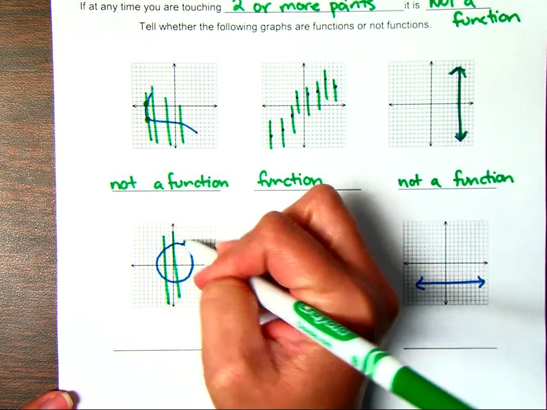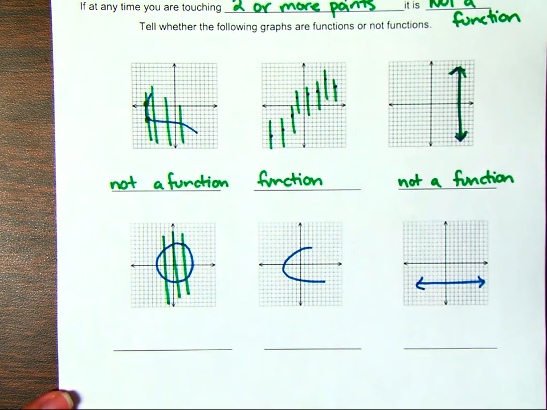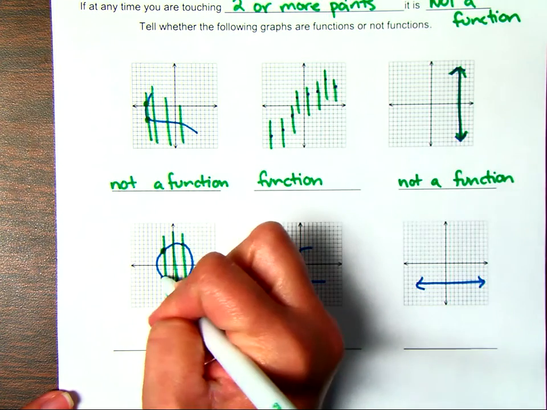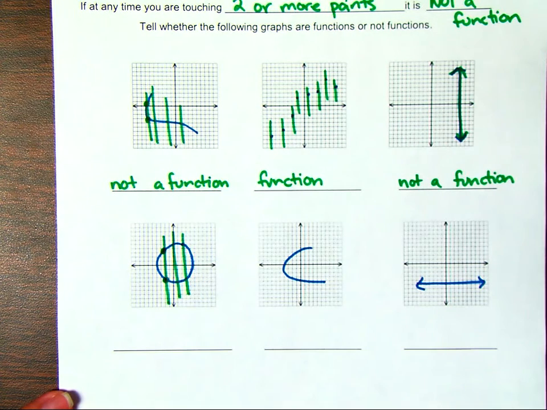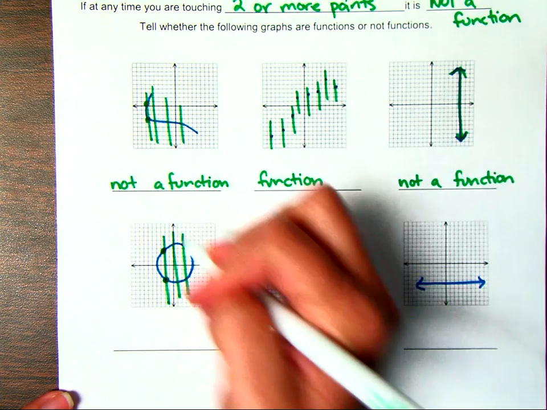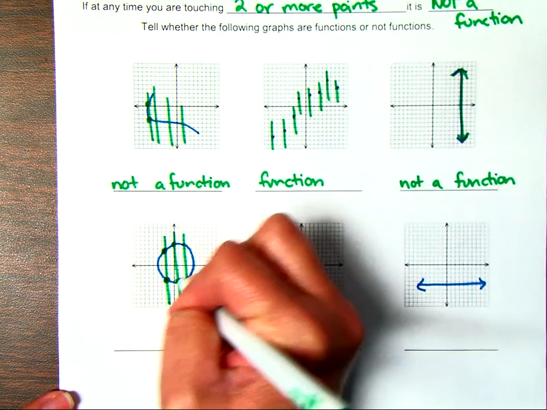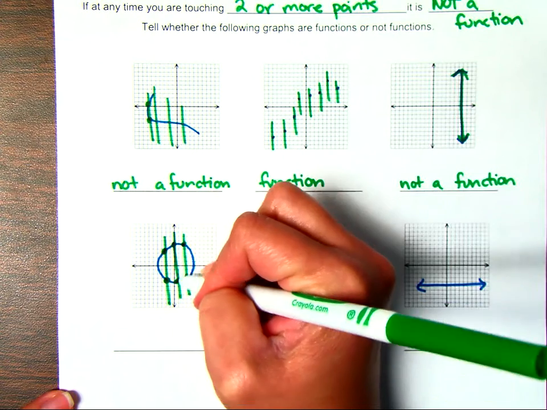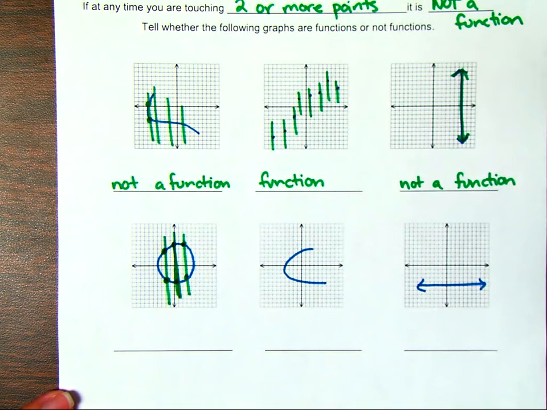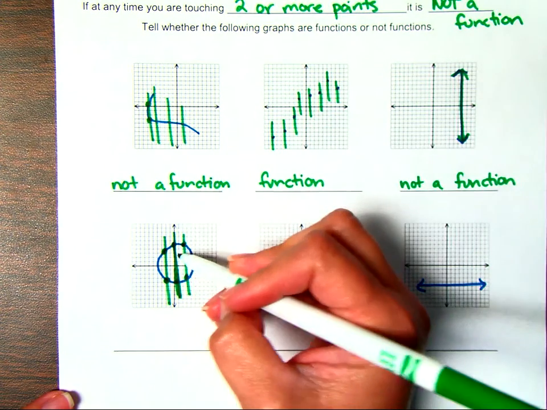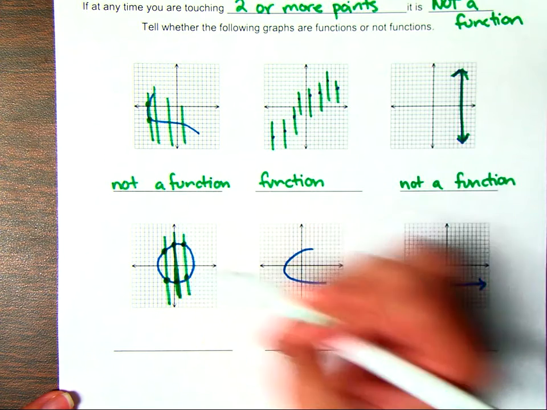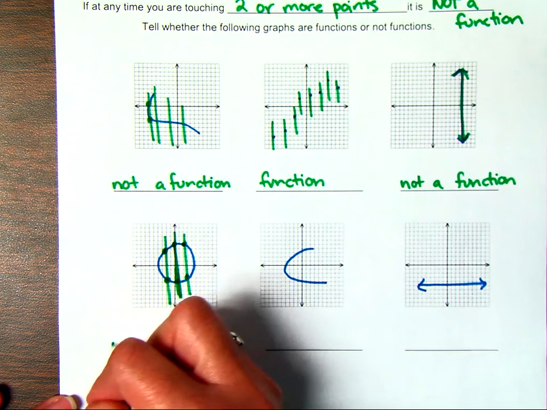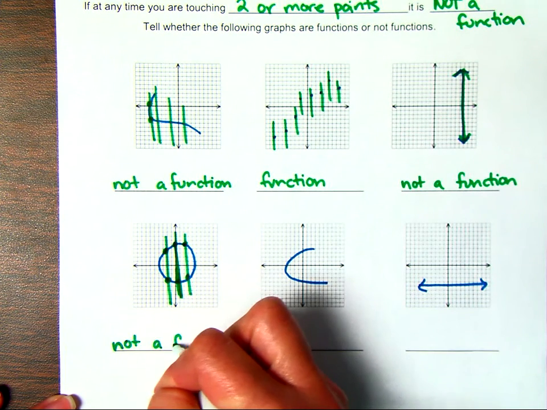I can draw as many vertical lines as I want, but we can see this x is matched to this positive y, and its same x value is matched to a negative y down here. Same thing right here. Sorry, that middle line's not that straight. Let me just try to do it again. But you can get the picture that these x values are matched to 2 or more, in this case only 2, y values. So this one is not a function.